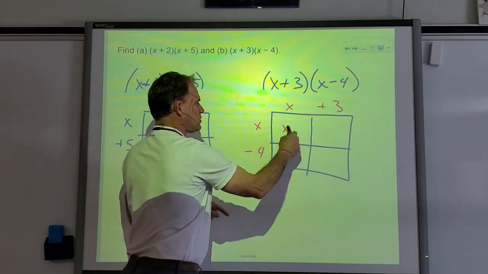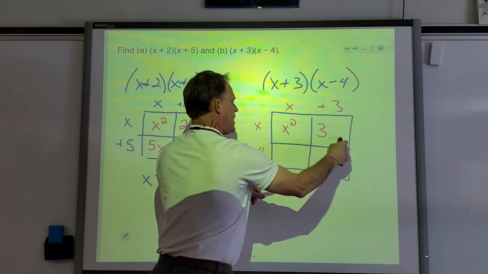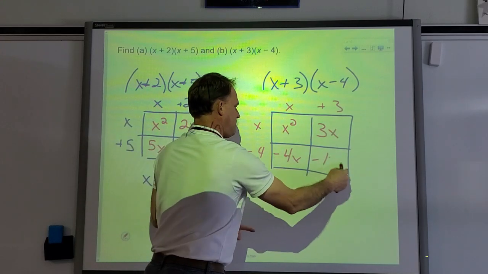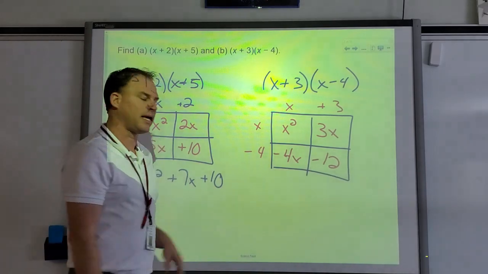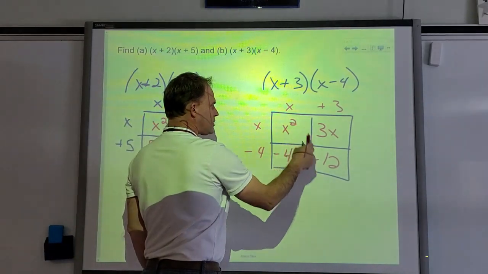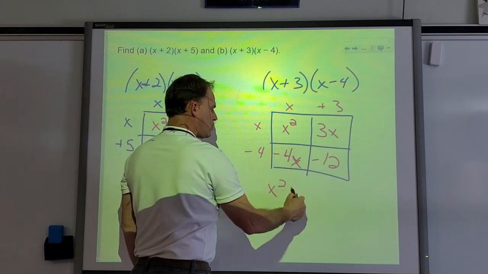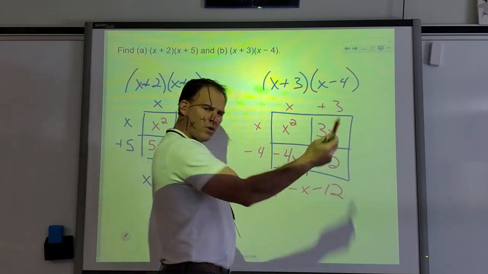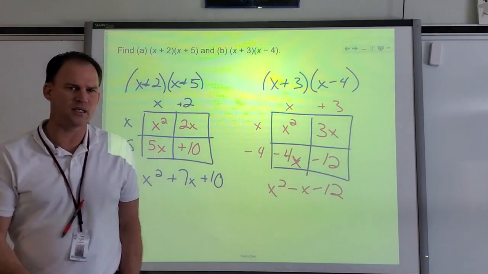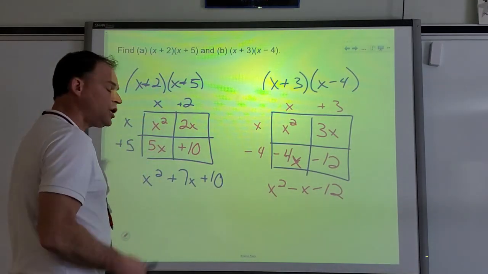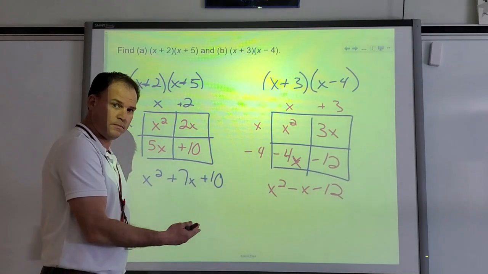X times x, 3x. And again, you're going to combine like terms. There's no other x squareds. Combine the two x terms. And of course, you're getting the same answer. Okay, this is nothing revolutionary. It's just different ways to do the same problem. Any questions on the table method?